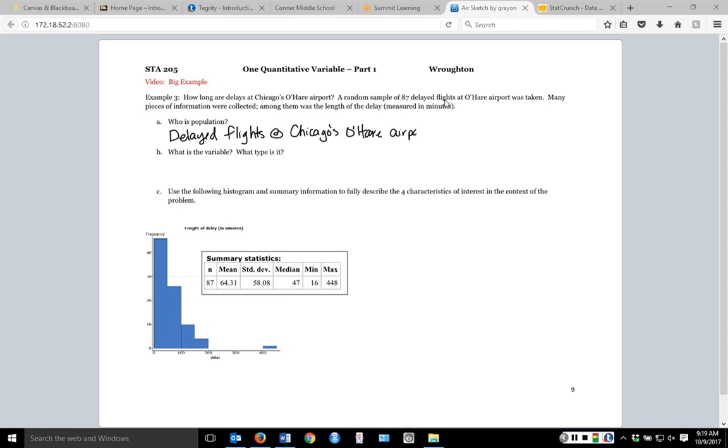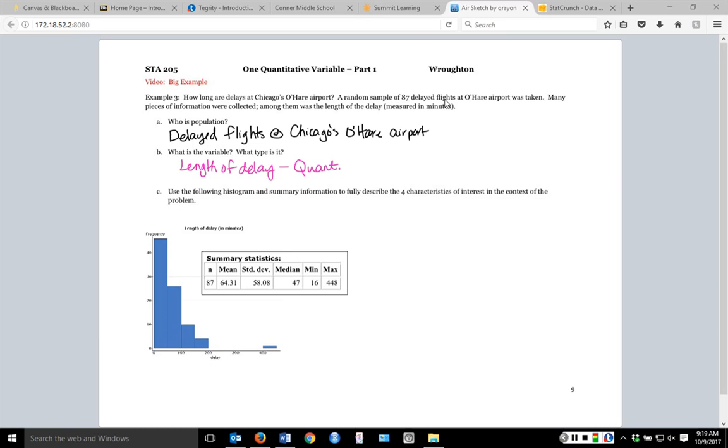So for once, we're not actually measuring people here for a change. Right, what's our variable? What information are we collecting about these flights? The thing we're focused on is the length of their delay. It is measured in minutes, so it is a quantitative variable.